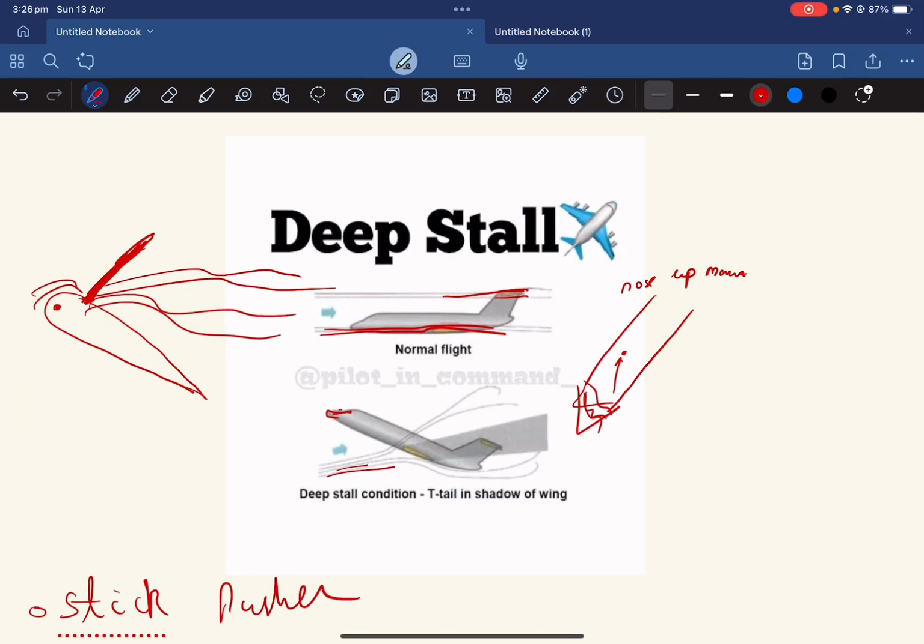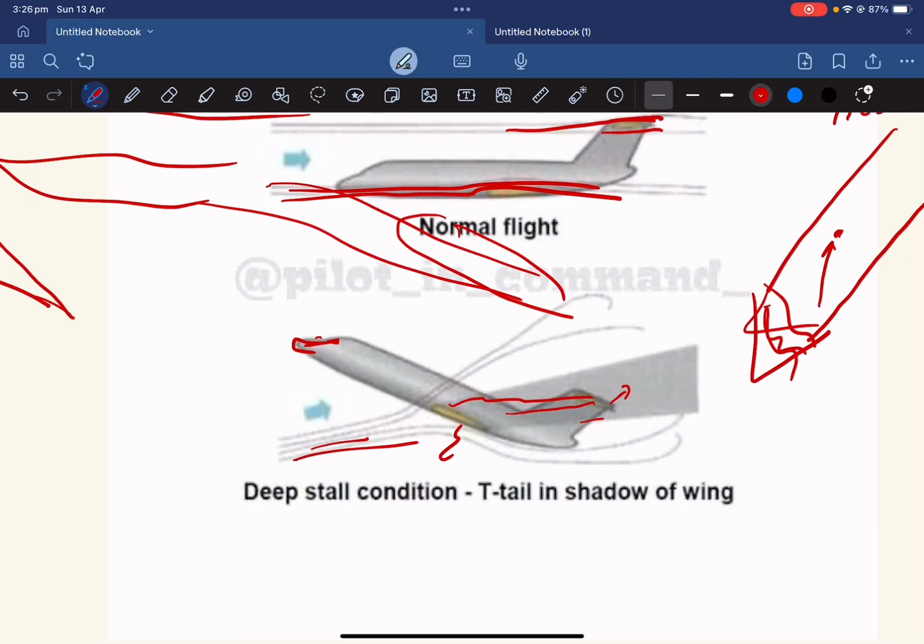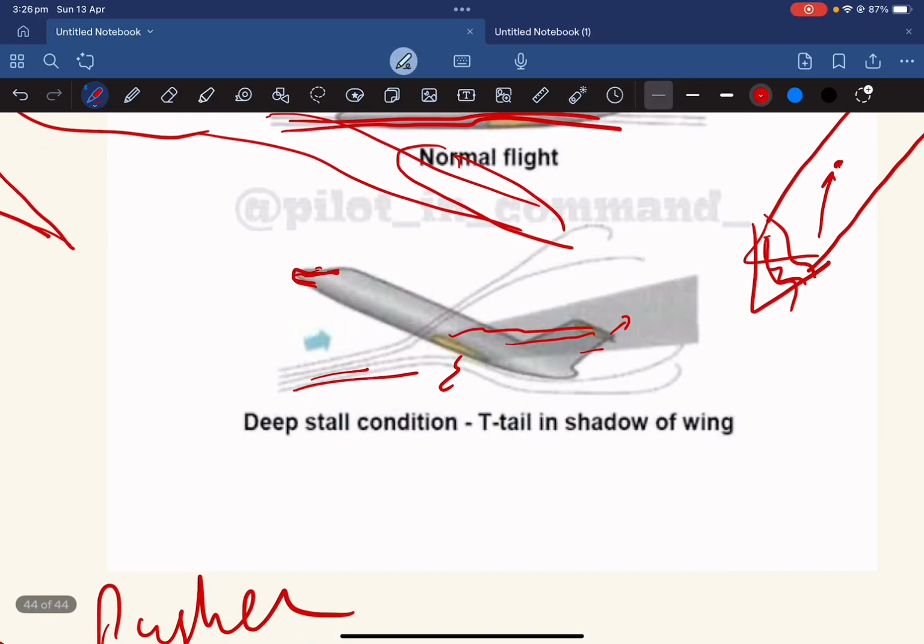In a normal aircraft, the elevator would have been behind here, but in the case of a T-tail, you have the elevator up here. This turbulent airflow is hitting the elevator. So you're not only losing aileron effectiveness, but you're also losing your elevator effectiveness, which makes it impossible for the pilot to control the pitch of the aircraft, and it's going to keep going nose up, which makes the situation worse.